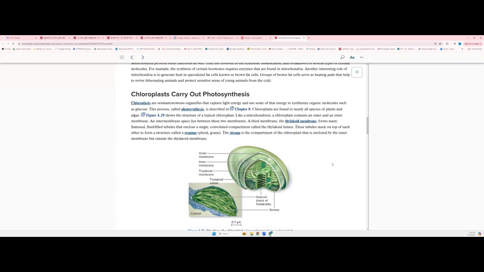And then on the bottom, next to the inner membranes, there's another structure called granum.